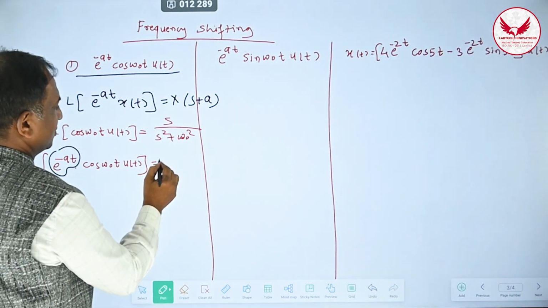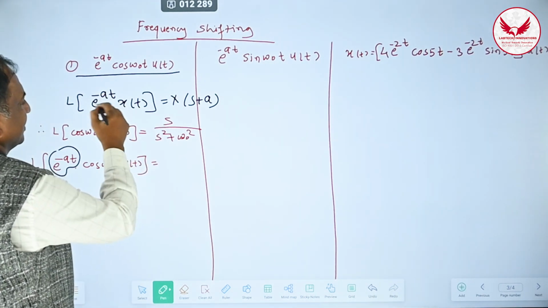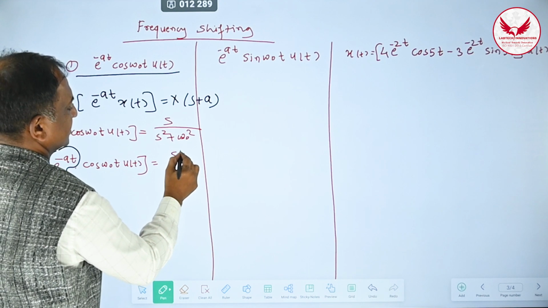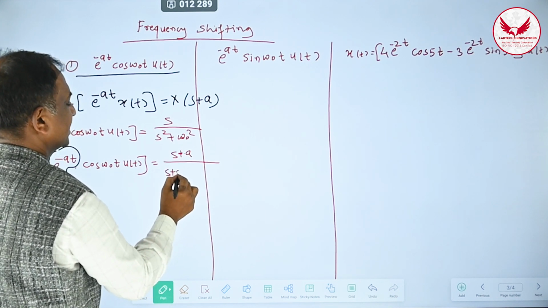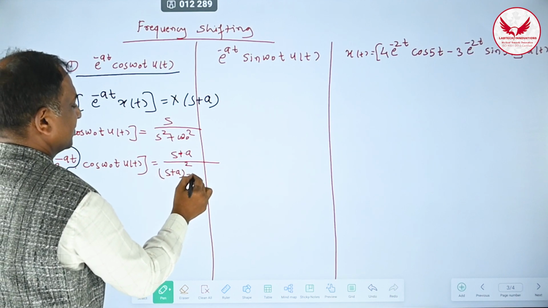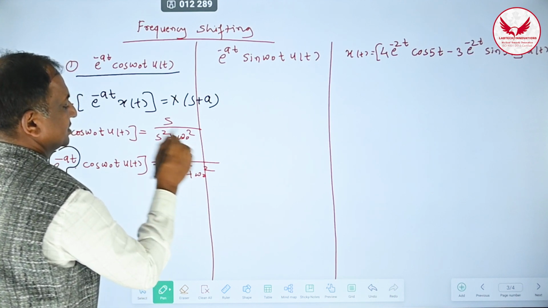So this is equal to s plus a divided by (s plus a) square plus omega 0 square.